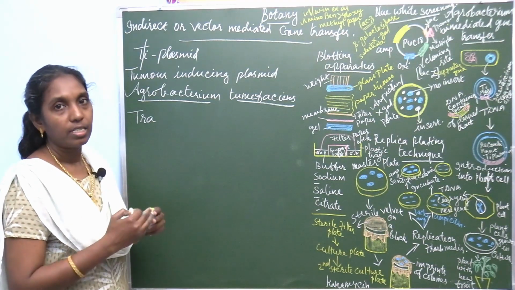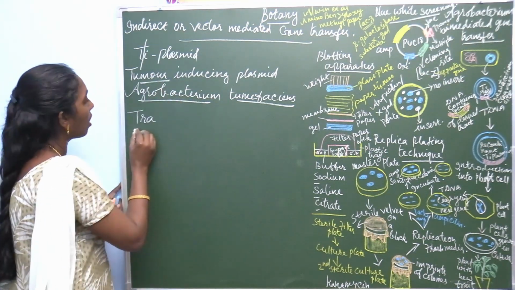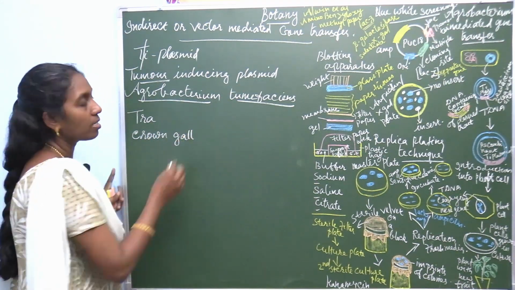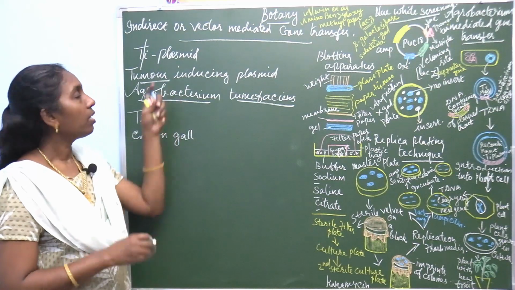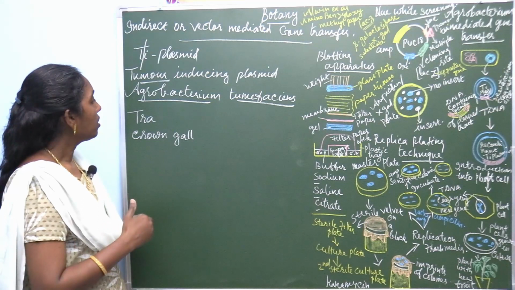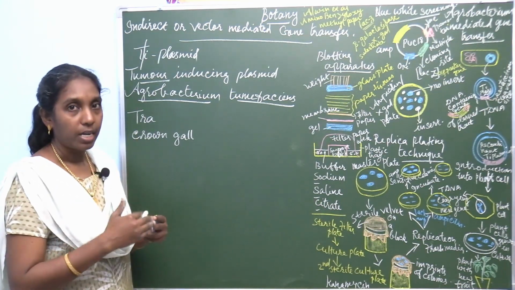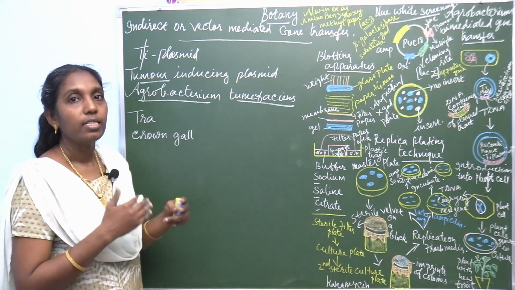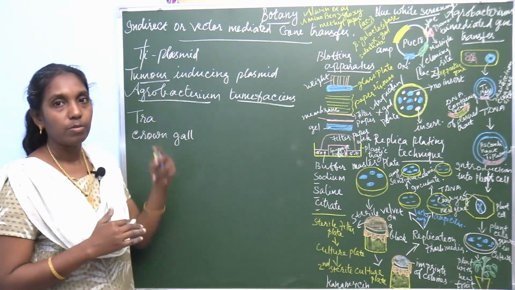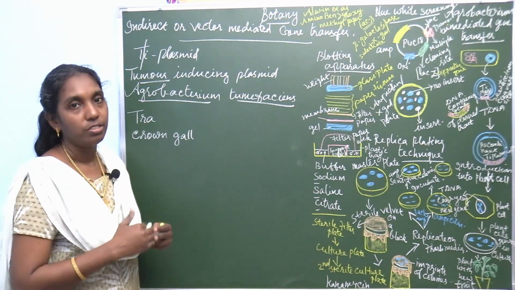Because it is an infective gene, it causes tumor, that is, crown gall disease in plants. So it is an infective, unwanted plasmid, and it can be isolated. Naturally it infects the plant cell, and through the wounded site it enters inside the plant. So this plasmid is widely used in plant gene transfer.